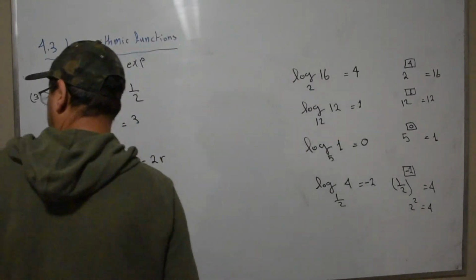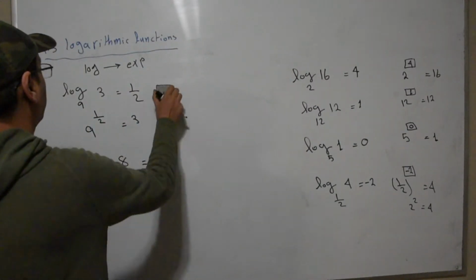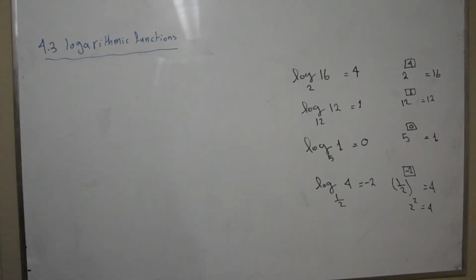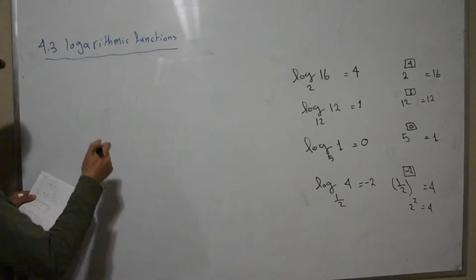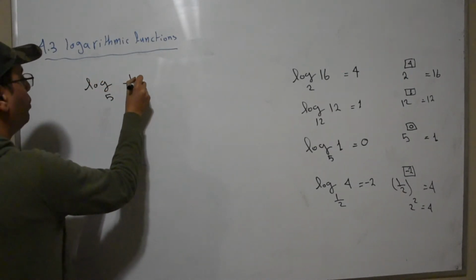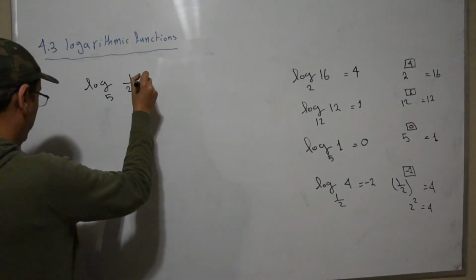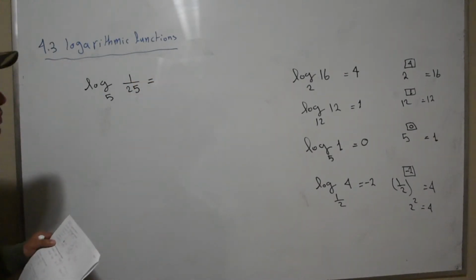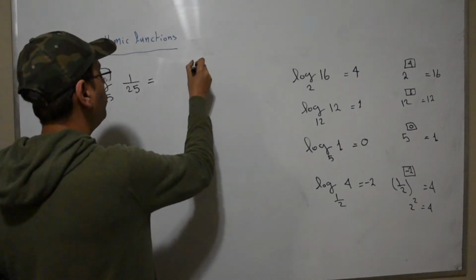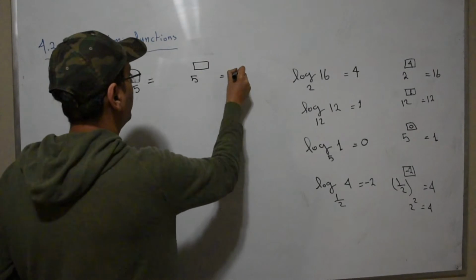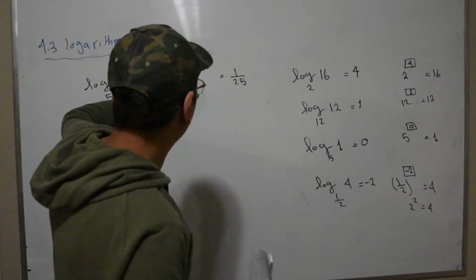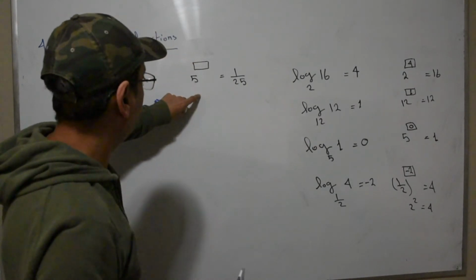Okay, let's get one more example. Log base 5 of 1/25 equals what? So now again, what is the base? The base is 5. To what power equals 1/25? So it's similar to that example, but they have the reciprocal here.